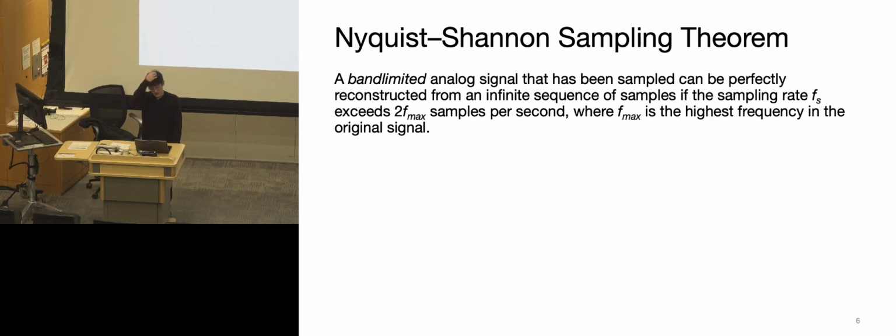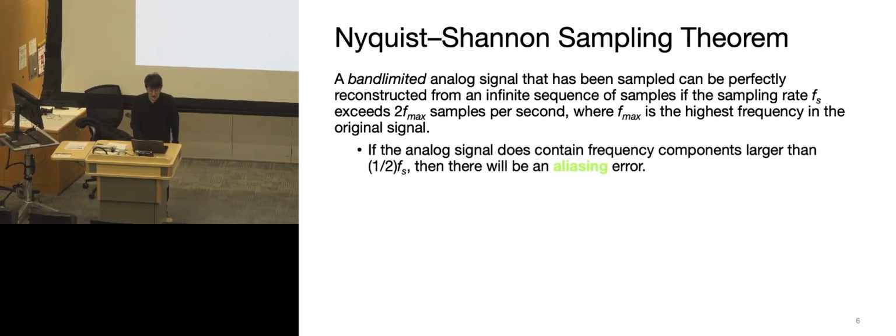It says that a bandwidth-limited analog signal can be perfectly reconstructed, without losing any frequencies, if the sampling rate of the system is twice the maximum frequency of the signal you're trying to sample.